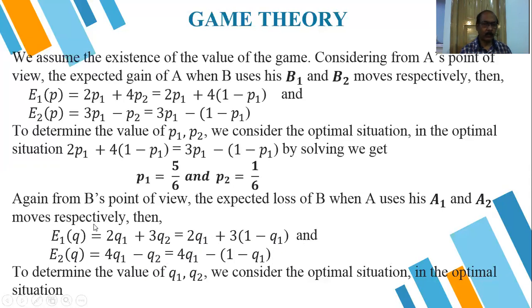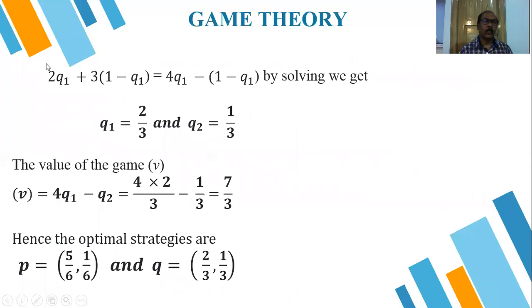For the equilibrium position, these two will be the same. So equating this, we can solve for Q1, and we get Q1 equal to 2 by 3 and Q2 equal to 1 minus 2 by 3, which is 1 by 3.